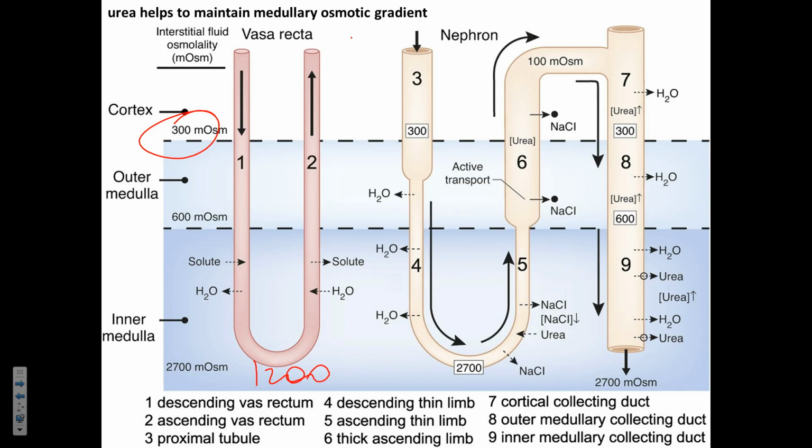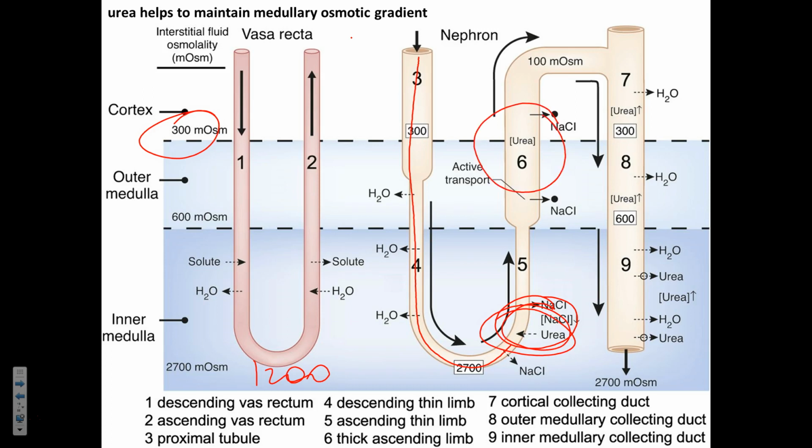That makes sense? So here's what happens. As the filtrate passes through the nephron loop, here in the beginning of the ascending limb, urea starts to be absorbed. Well, should I say, no, it's not absorption. Starts to get secreted into the ascending limb, right here, okay?